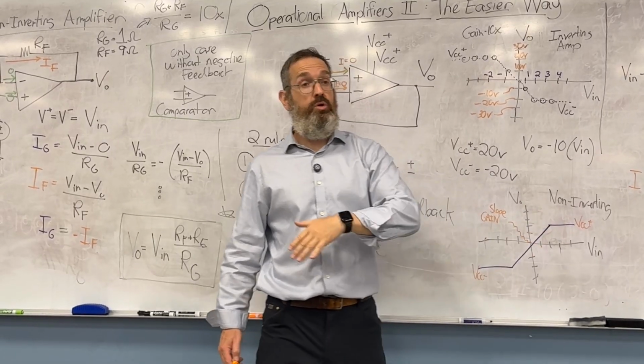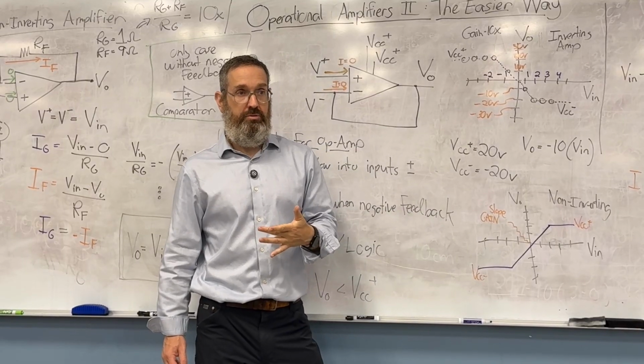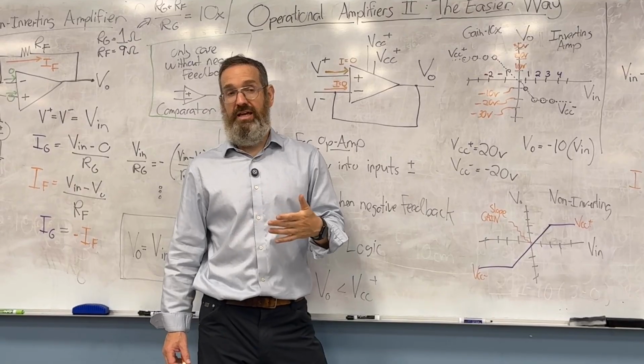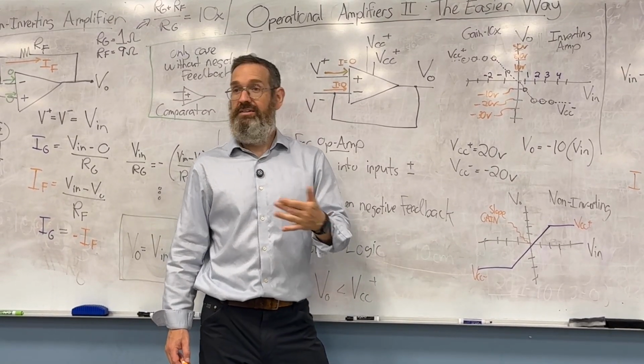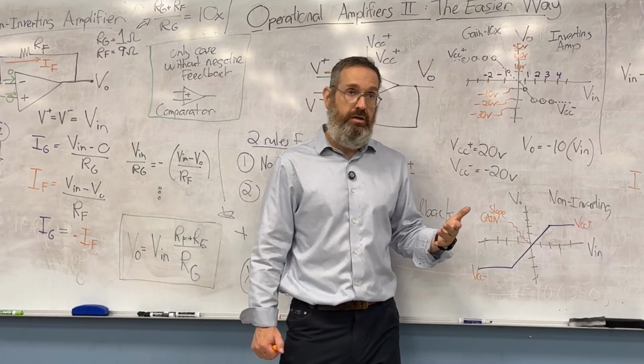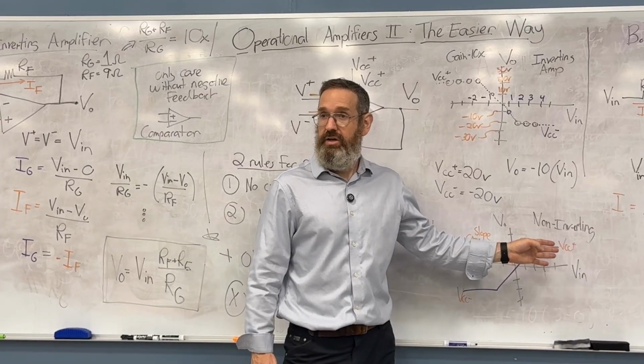You can say, I want a gain of 1 billion. I don't think that's going to work out very well for you unless your input is super tiny. Often we're working with gains of 100, 10, or for a very small signal maybe 1,000, but not gains of billions, because we're just going to immediately blow out into this range.